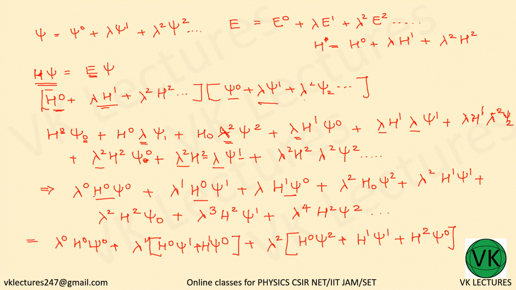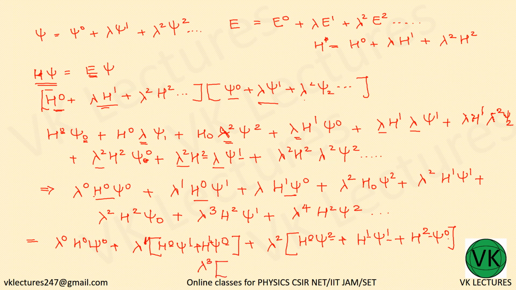The sum of the superscripts has to be equal to the power of the lambda. So it is lambda power 1, so this is 0 plus 1, this is 1 plus 0. This is lambda square, so 0, 2, 1, 1, 2, 0. Suppose you have lambda cube, how can we write that?